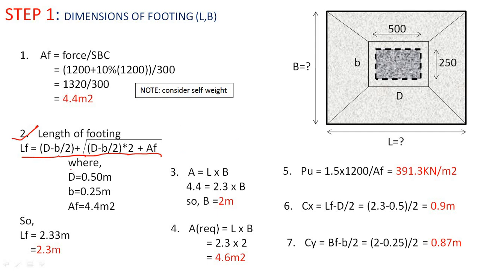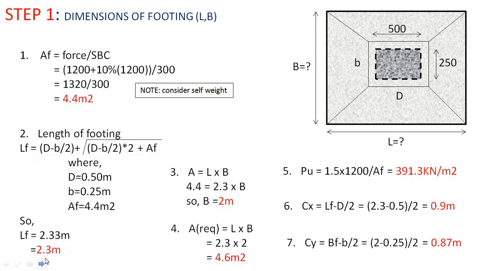Here capital D is 500 mm and small b is 250 mm, the size of the column, and we have already found the area of footing as 4.4 meter square in point number 1. By solving this, we have the length of footing as 2.33 meter. We round it off to 2.3 meter as the length of footing.